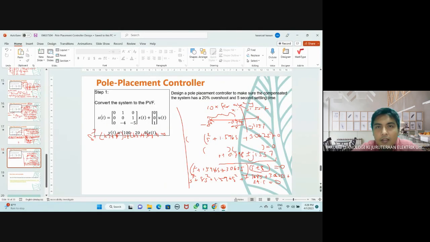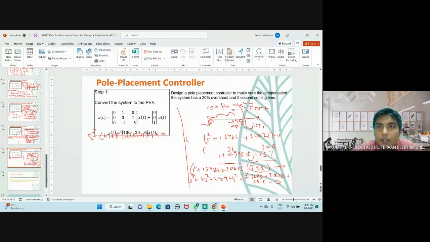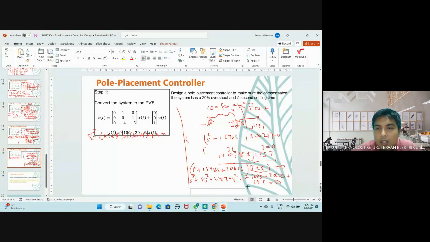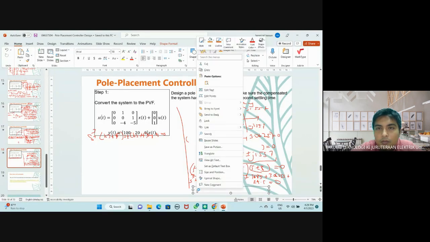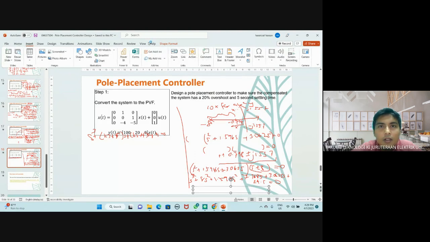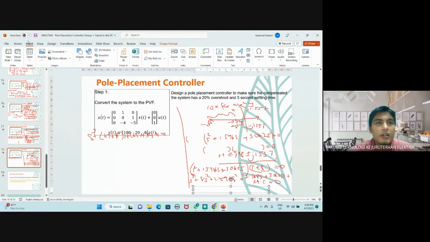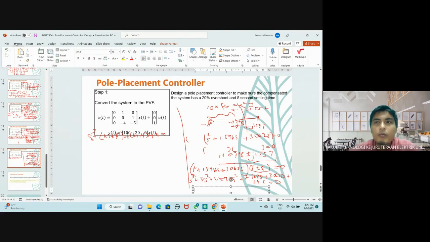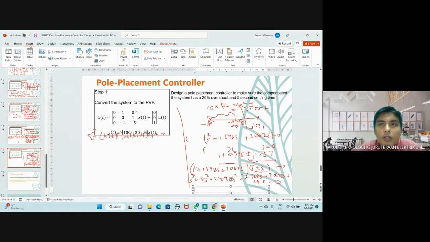So at the end, I have to put the text box here. Insert equation? Is there an equation here I can put? It's not equation. Tak apalah, I just put it here.